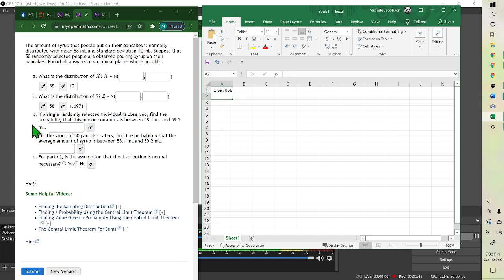Now, for the next part, if a single randomly selected individual is observed, find the probability that this person consumes between 58.1 and 59.2. So if we want the percent between, when you find the percent at 59.2, that gives you the percent from 59.2 and below.